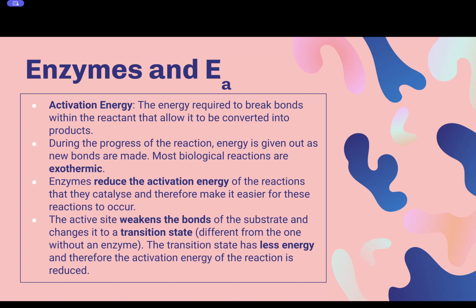But when enzymes are involved, the transition state that it goes into has significantly less energy, and so activation energy is overall reduced. That means that since enzymes are catalysts, they'll reduce the amount of energy needed to break down the substrate into its products, and therefore the reaction will occur faster. So that's what enzymes do.